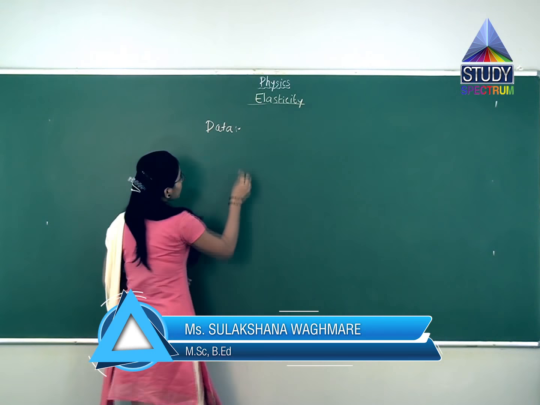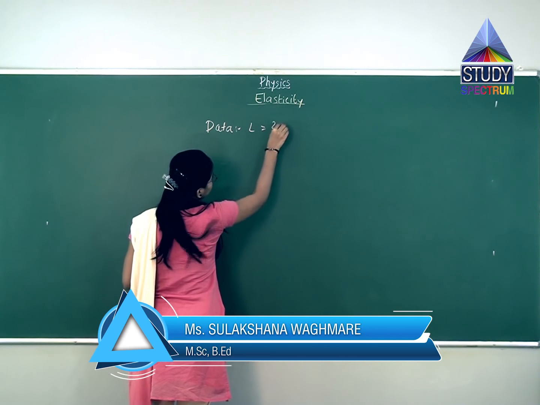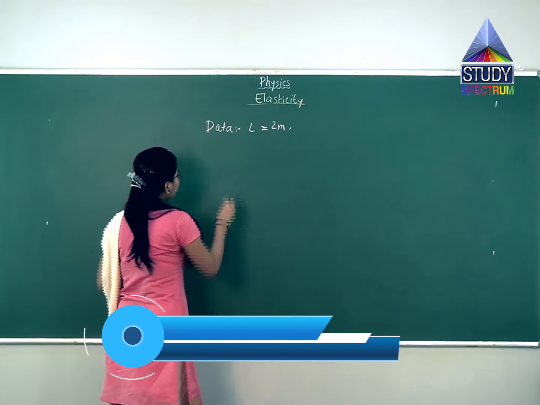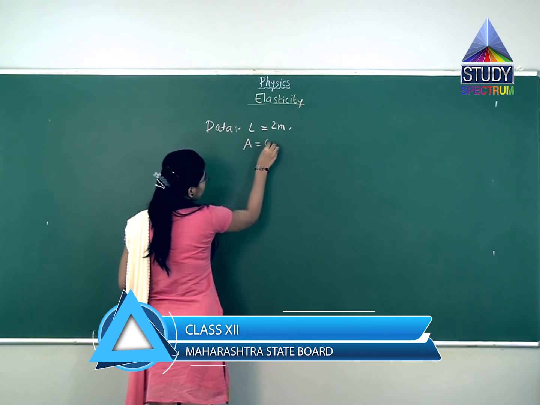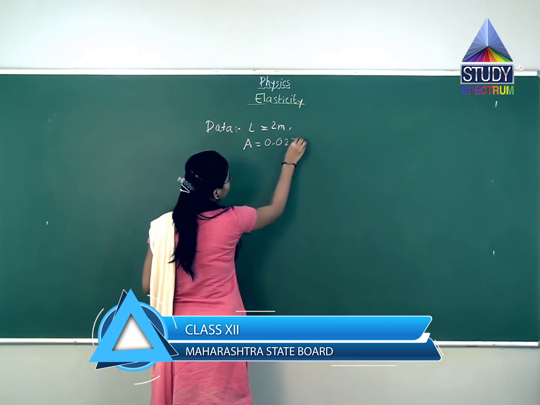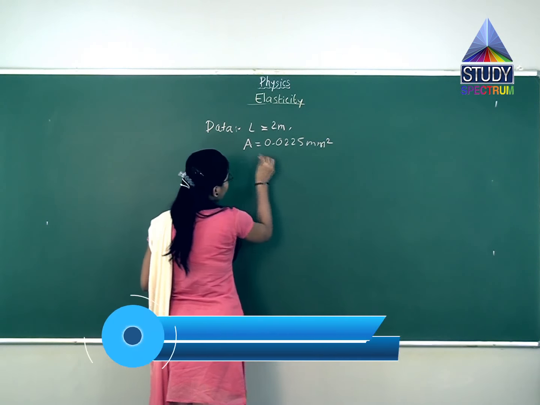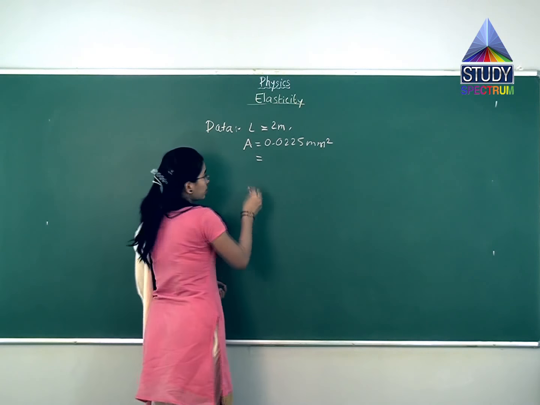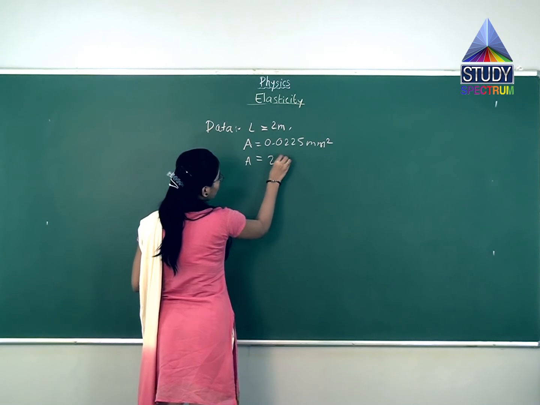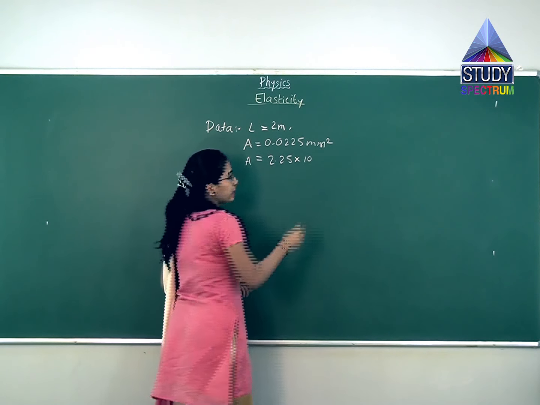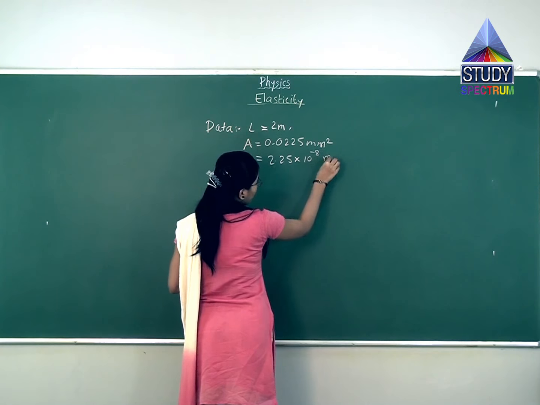Here the length of the wire is given as 2 meter. Then its cross sectional area is also given. It is 0.0225 millimeter square. So we will convert it into meters. So it will be 2.25 into 10 raised to minus 8 meter square.